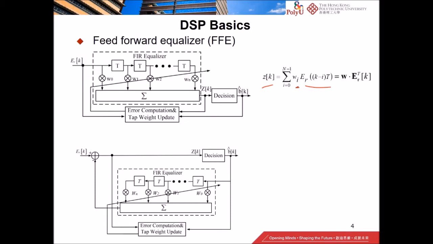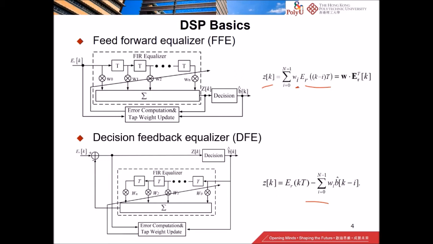Okay, and another standard technique is what we call the decision feedback equalizer. In this case, instead of equalizing the received signal, we first make decisions and then try to recreate the amount of impairment, so that we are able to cancel out the interference caused by neighboring symbols.